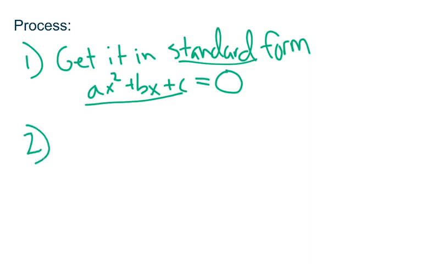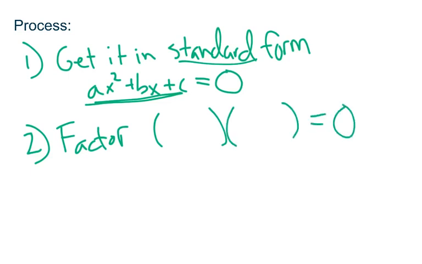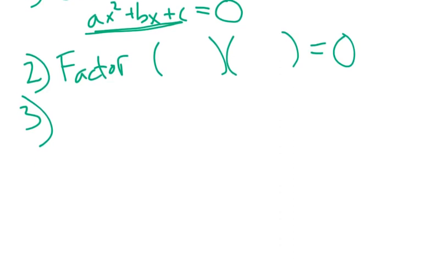Second step is to factor. So again, we're going to take this expression of addition or subtraction and turn it into multiplication. So we want to be able to do something times something equals 0, at which point we apply that A times B equals 0 if and only if A equals 0 or B equals 0.